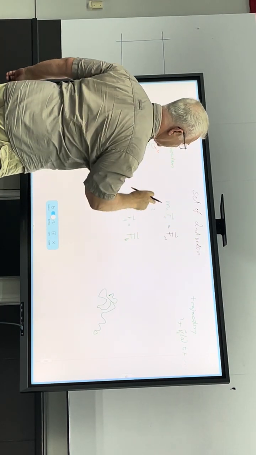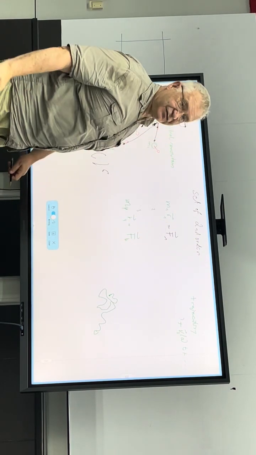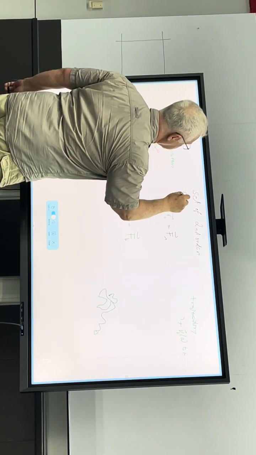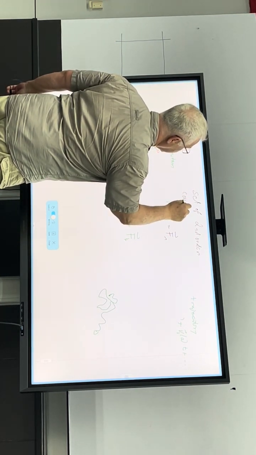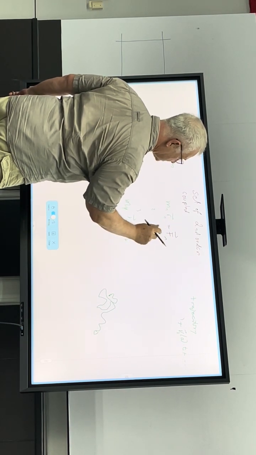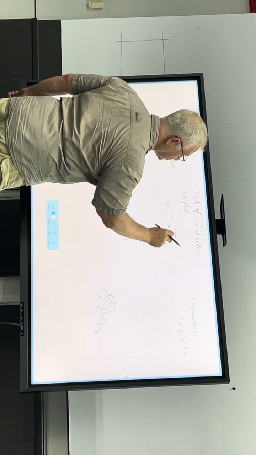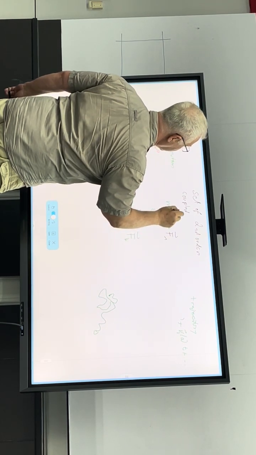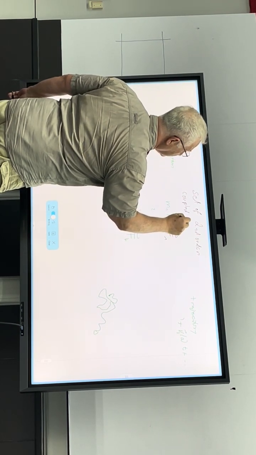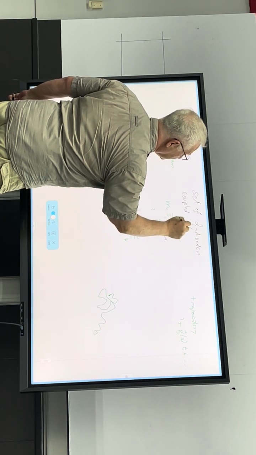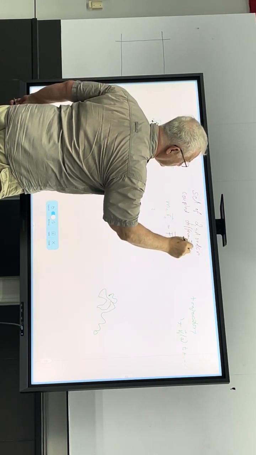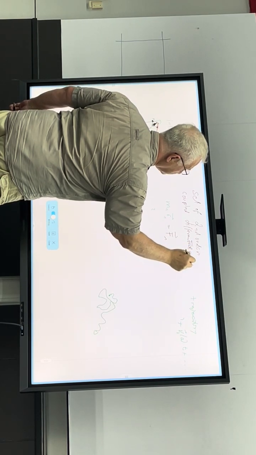Second order because I have here a second derivative with respect to the time. Coupled because the force F1 depends on 1, 2, 3, 4, F2, F4 depends on 1, 2, 3, coupled differential equations.